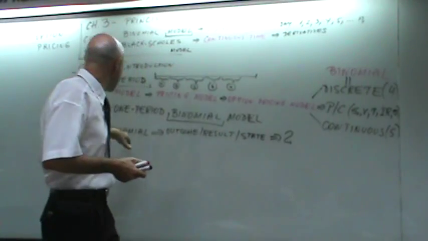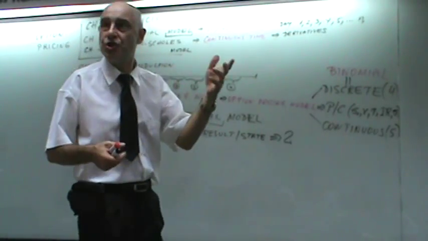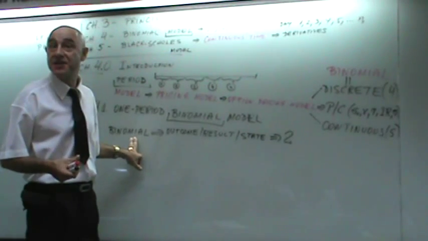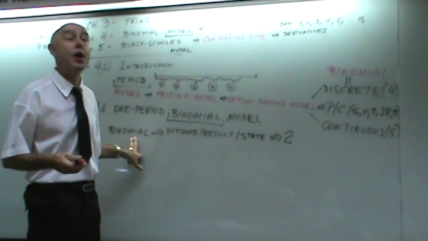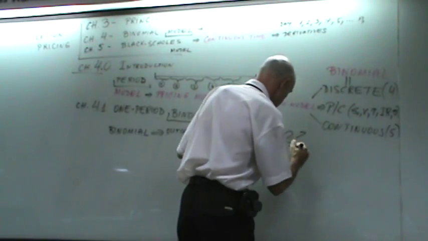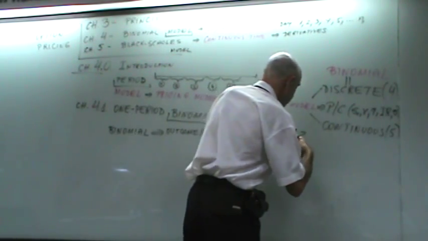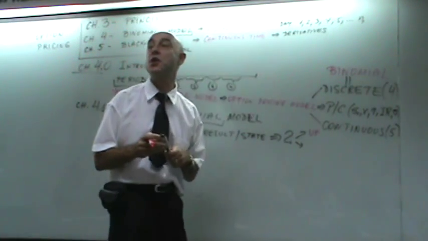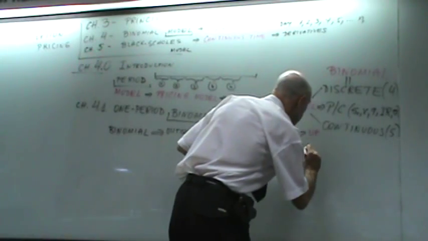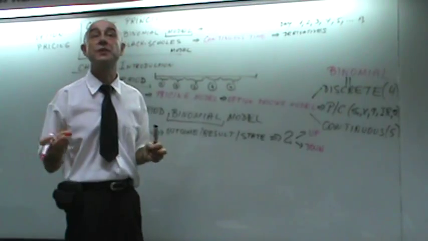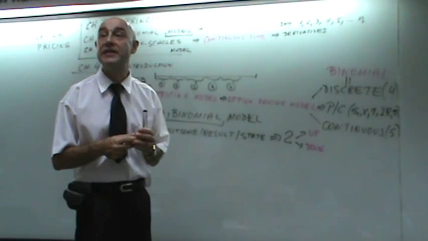In a binomial financial model, which models the price, you will have only two outcomes: up when the price goes up, and down when the price goes down.